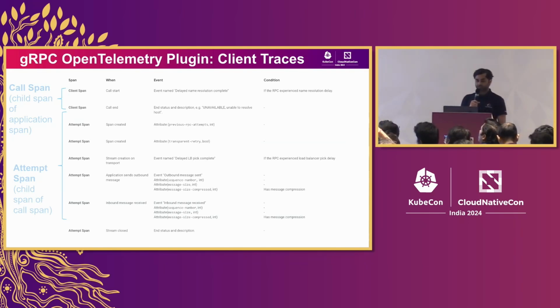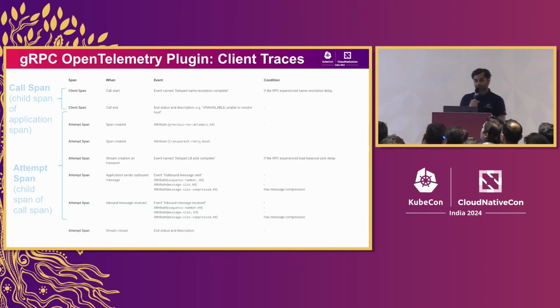So first we'll talk about the client. When you instrument your gRPC client with OpenTelemetry tracing, you get deep visibility into your service communication because you are talking to multiple services. That's where gRPC comes in. It automatically generates two types of spans for you. Maybe people who are already using OpenTelemetry would know about these spans.